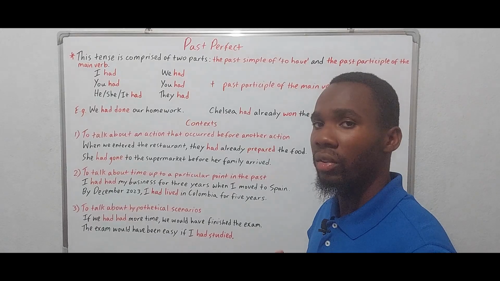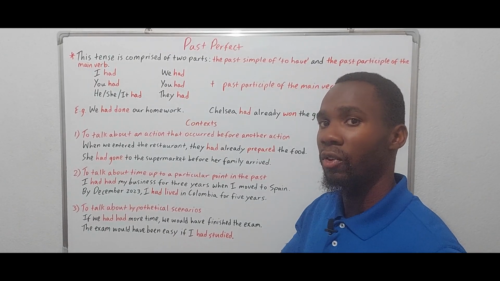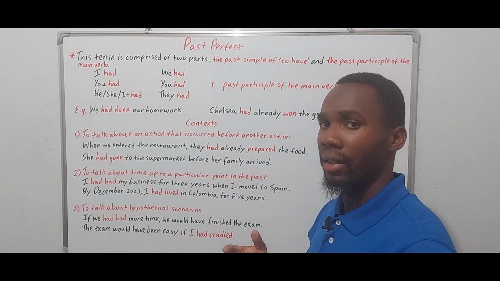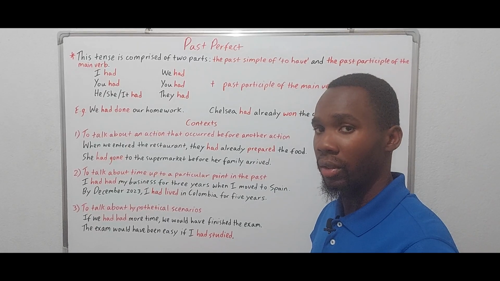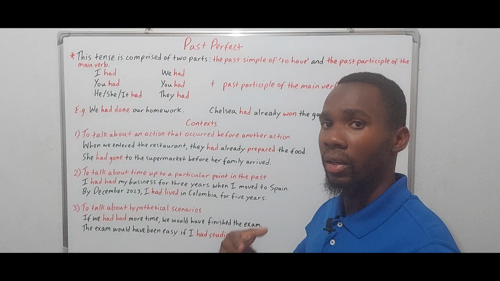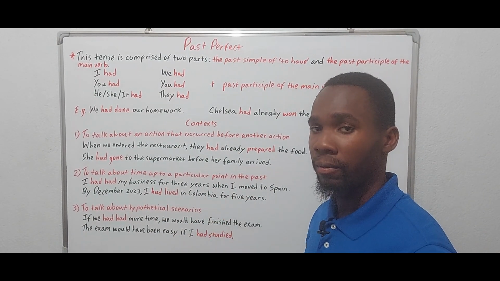So anytime we want to talk about an action which occurred before another action, we use the past perfect. And the event which occurred first is put in the past perfect, whereas the event that happened afterwards is put in the past simple. Okay?